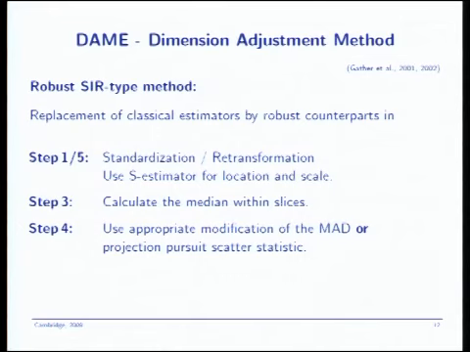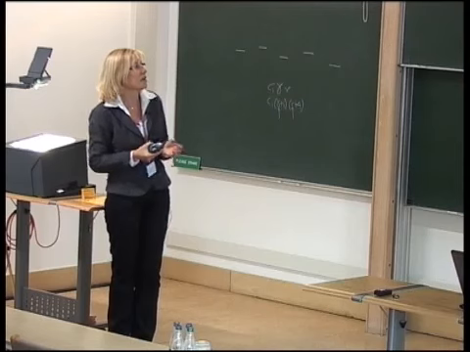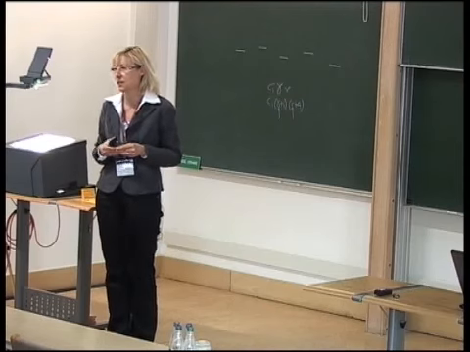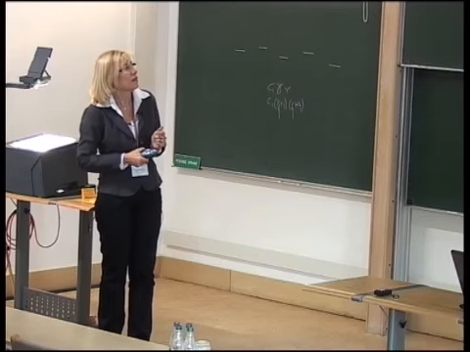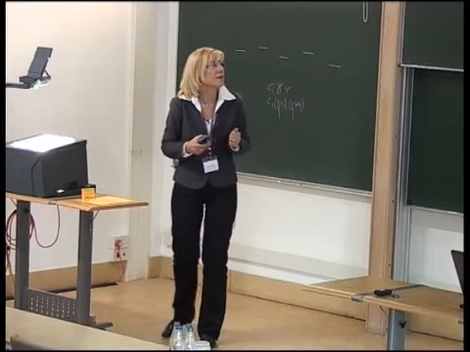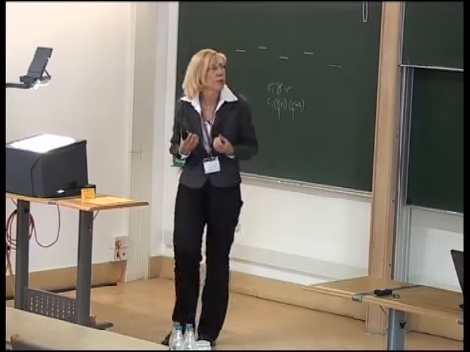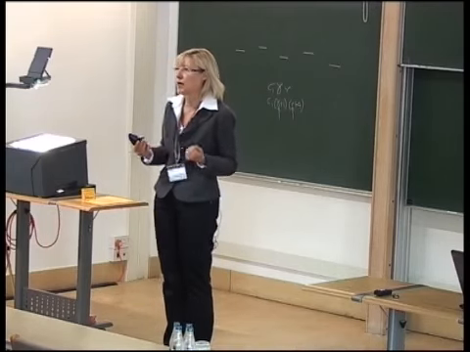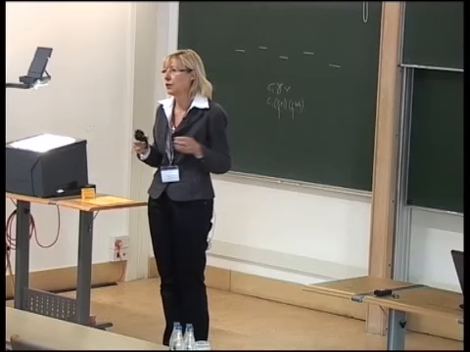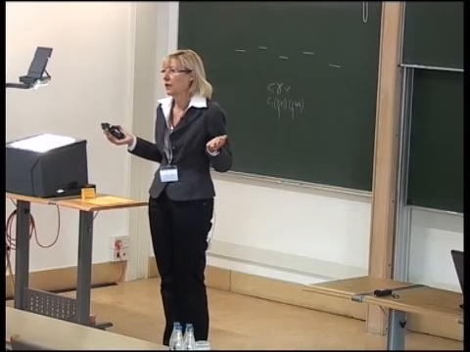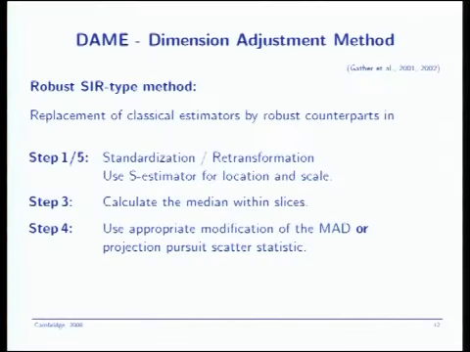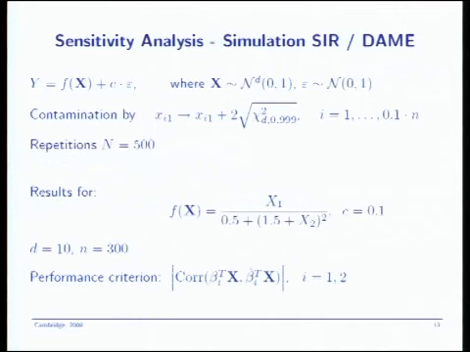So instead of using means and empirical covariances, you use robust location estimates and robust scatter statistics. For instance, a multivariate version of the MED or a projection pursuit based scatter statistic based on a univariate, say, Q alpha estimator of scale. And that's worthwhile doing.